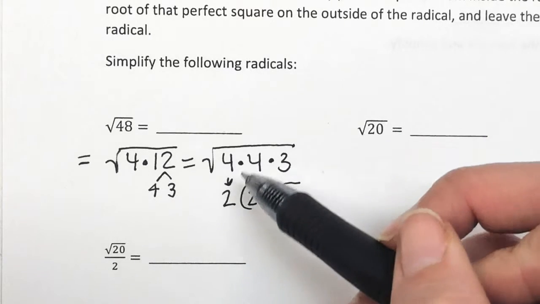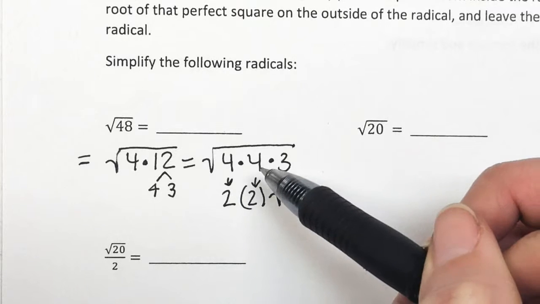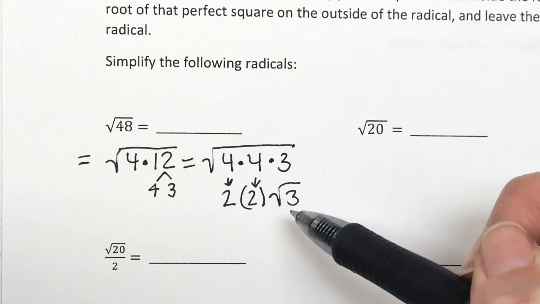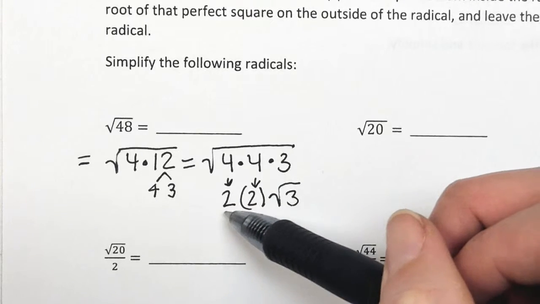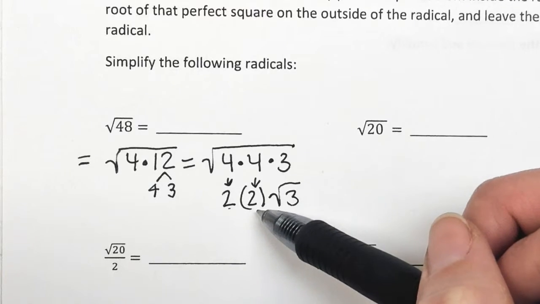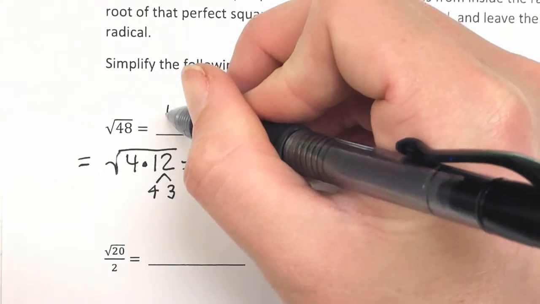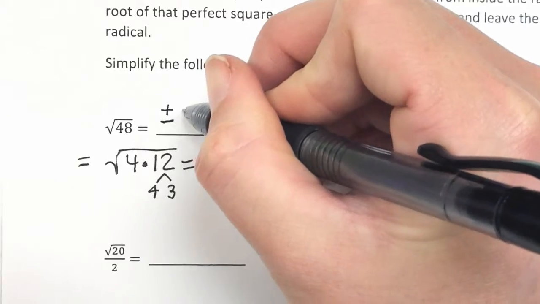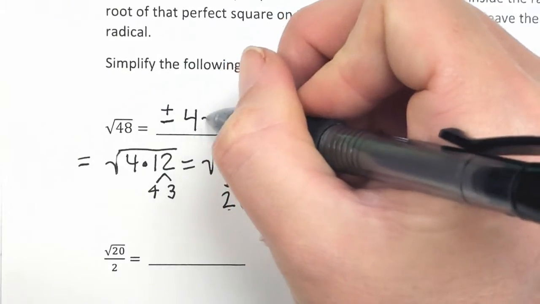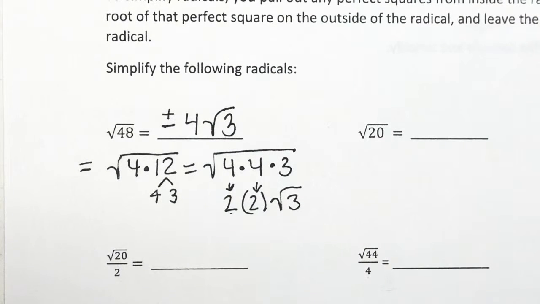Everybody see that? We took the square root of 4, which is 2. We took the 4 again, which is 2. We left 3 underneath the radical. Now all we have to do is multiply what's on the outside. So 2 times 2 is what? So I want you to write this as plus or minus, because it's always plus or minus when you take the square root, 4 square root of 3. That's it.